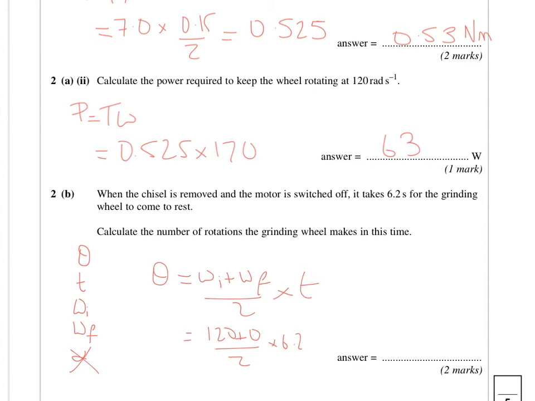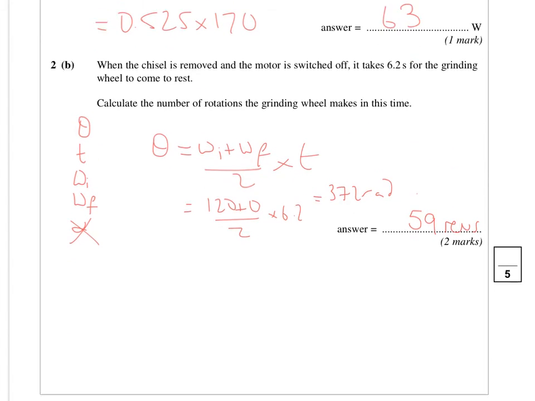So we'll divide that by 2 pi to give you the number of revolutions, and that's going to be 59.20, or let's give that to 59.2 to 2 significant figures, because we're giving it as revolutions.